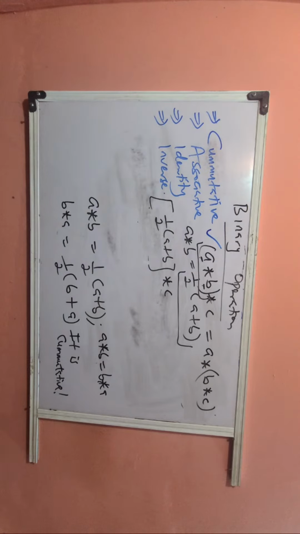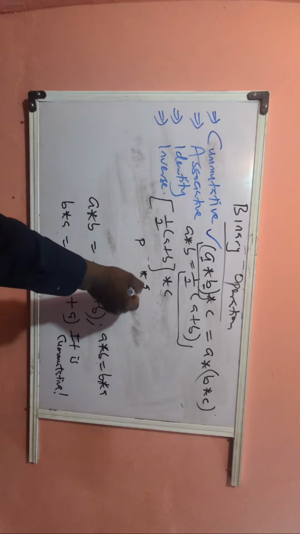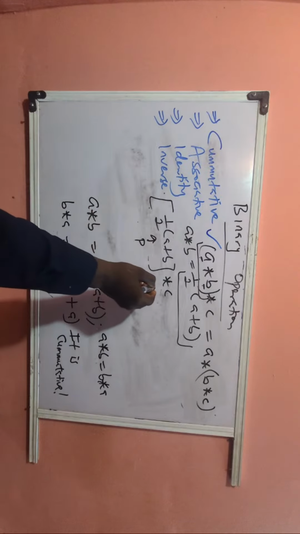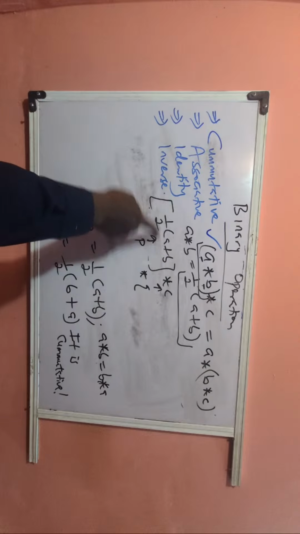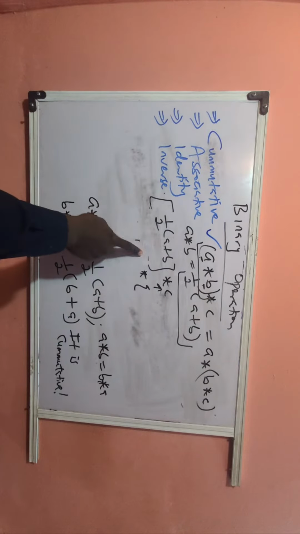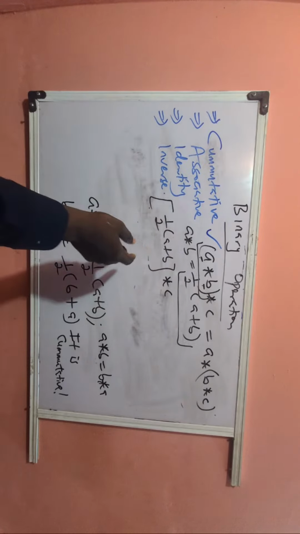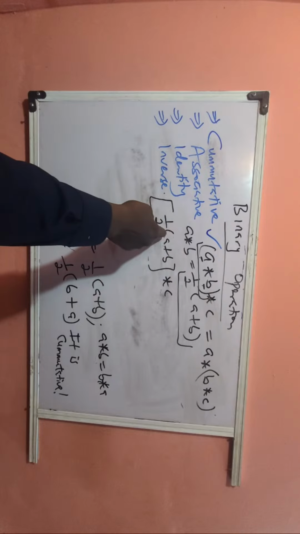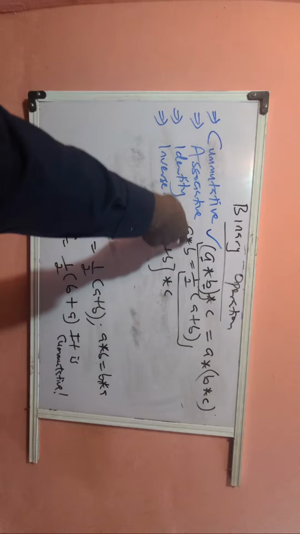It's more like you were writing P star Q: this is now P and this is now Q. So all I want to say now is that this becomes first, this becomes second. So for you to solve this new thing you've gotten, you will be putting all this as the A. I told you to always see this as first and second.